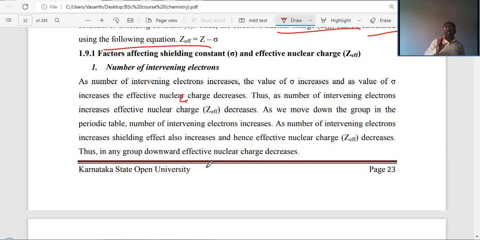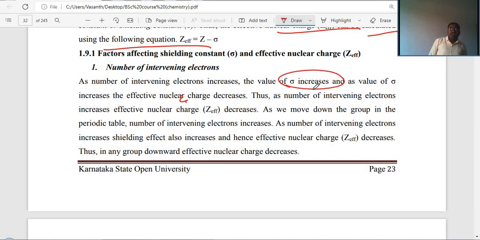As the number of intervening electrons increases, the value of the shielding constant increases, and the effective nuclear charge decreases. That is reciprocal, not proportionality here. Thus, as the number of intervening electrons increases, effective nuclear charge decreases.